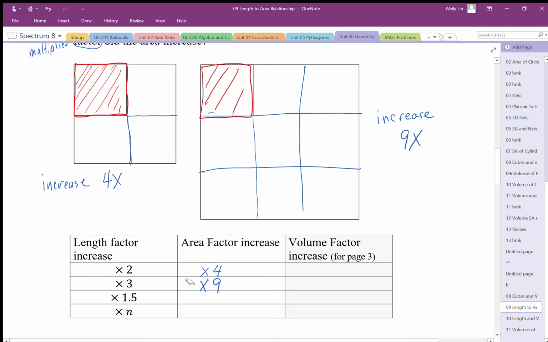How do I go from here to here? If I can understand that, I could probably figure out how many times increase I'm going to get for 1.5 times. And then we're going to generalize for n.